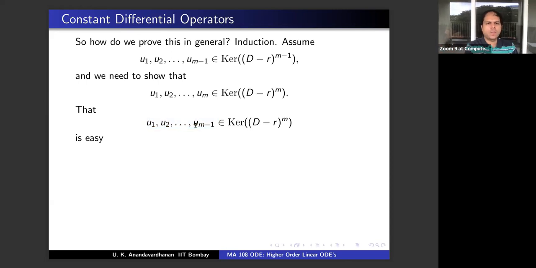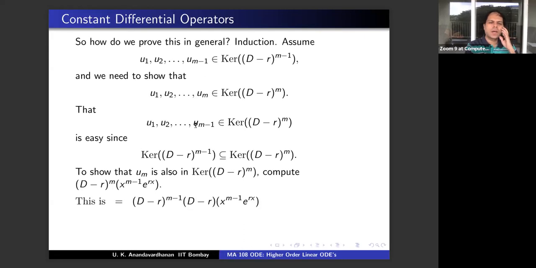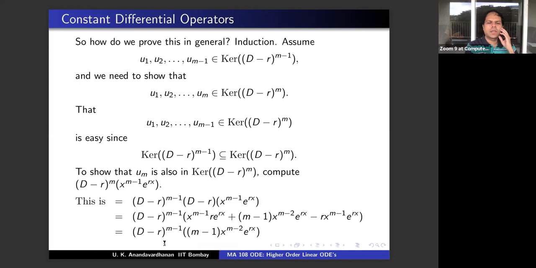So the only thing to check is u_m. For that, we compute (D minus r)^(m-1) of D minus r of this, and you will get (D minus r)^(m-1) of (m-1) x^(m-2) e^(rx), which is u_(m-1), which is there in the kernel of this by induction, and therefore this is also 0.